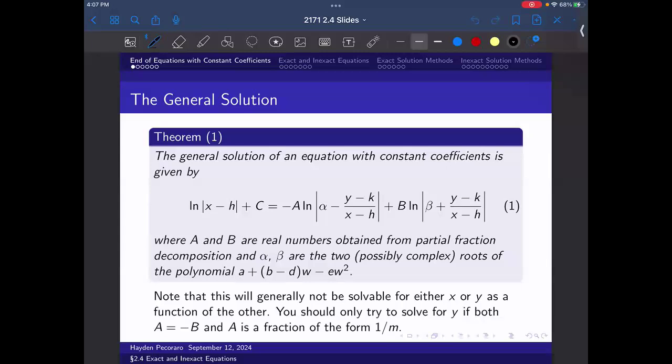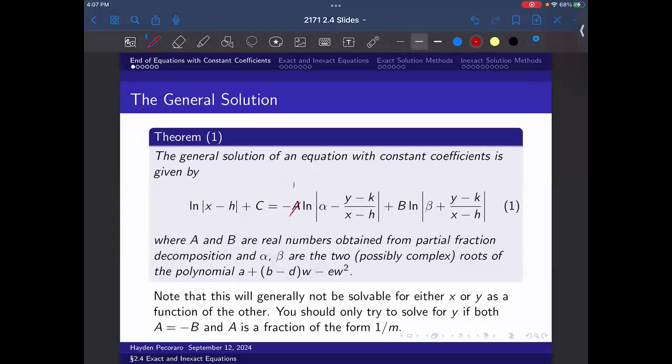There is one case where you can. It's if A is equal to minus B and A is a fraction of the form 1 over m. Because then what you can do is you can multiply by m on both sides. Let's write this down.